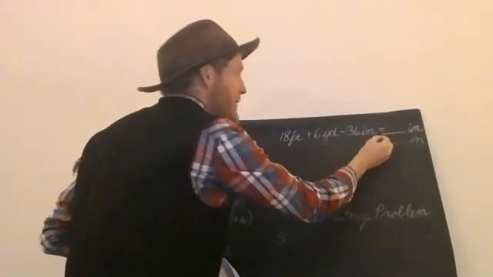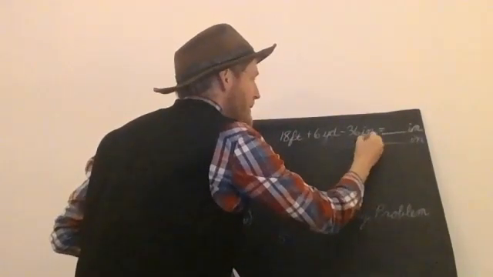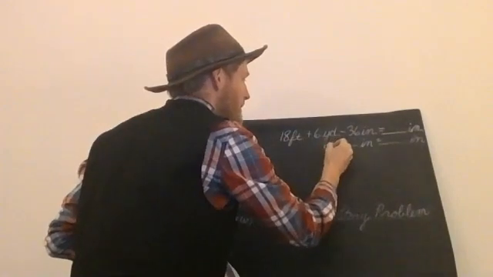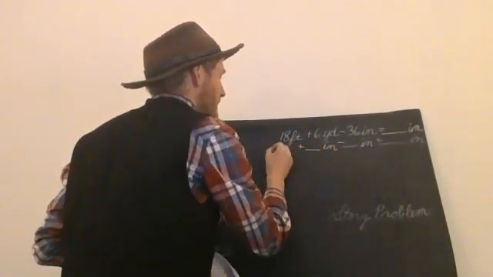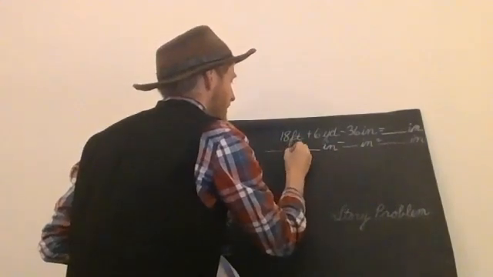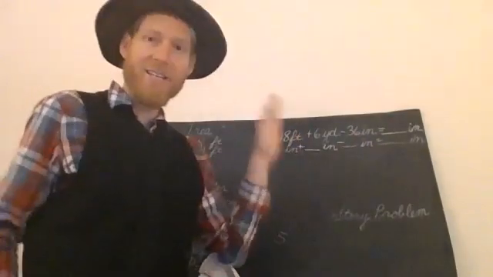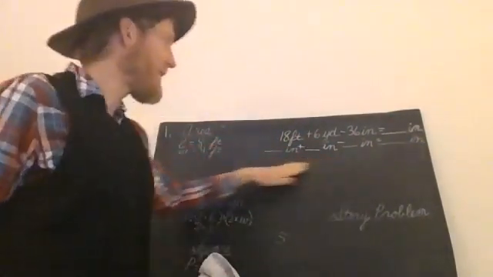All right, put your equal sign there. And then everything will be in inches, and then put blanks. Put your minus sign, inches, blank, plus sign, blank, and everything's in inches. Make everything inches. Whatever it asks you for, make everything inches.